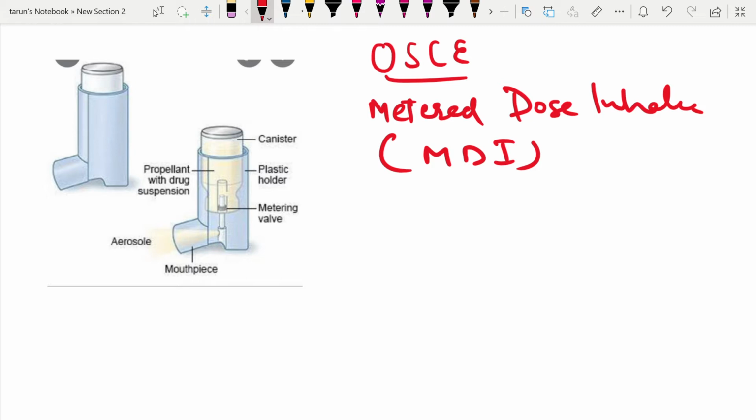Inhalers deliver drugs like beta 2 agonists such as salbutamol, terbutaline, salmeterol, formoterol.